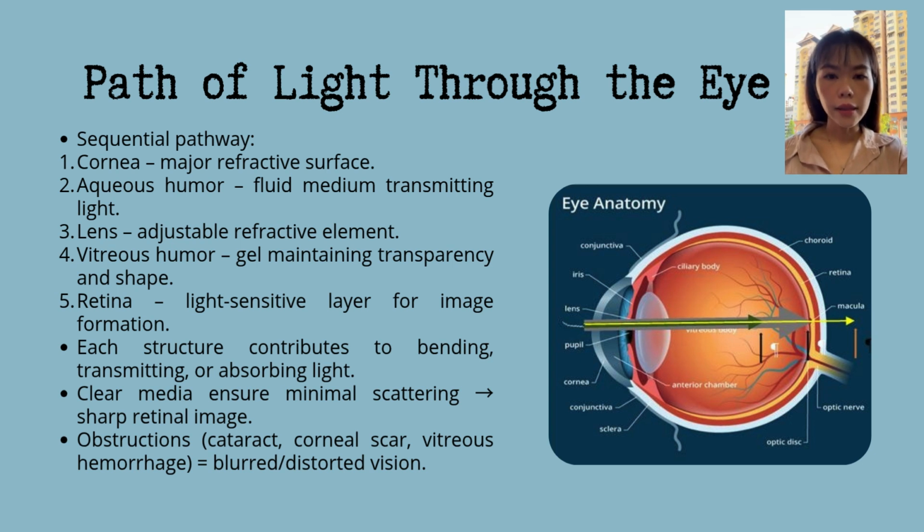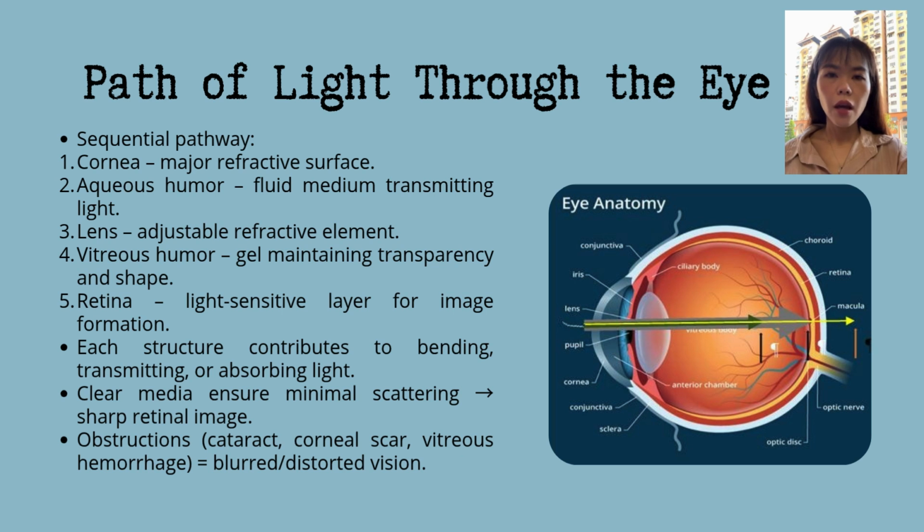When light enters the eye, it follows a very specific pathway. The first structure is the cornea, which provides most of the focusing power. Then light passes through the aqueous humor, a clear fluid behind the cornea, before reaching the crystalline lens. The lens fine-tunes the focus, and light continues through the vitreous humor, a transparent gel that fills most of the eyeball.